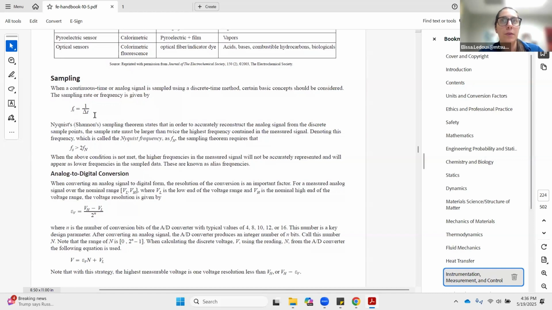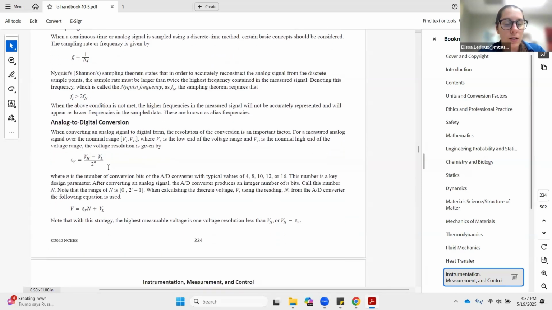So if something samples at 1,000 hertz, then that would be 1,000 times per second, so 0.001 seconds equals the delta T. Now the Nyquist frequency says that your sampling frequency has to be more than 2 times the Nyquist frequency, where Fn is the Nyquist and Fs is the sampling frequency, if you want to be able to accurately make an analog signal from these discrete points. Analog to digital conversion, they've just got some formulas here.